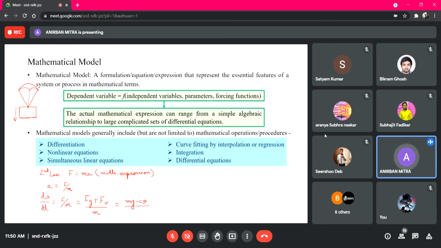It is known as the drag coefficient. So we can simplify this: dv/dt is equal to g minus c by m v.